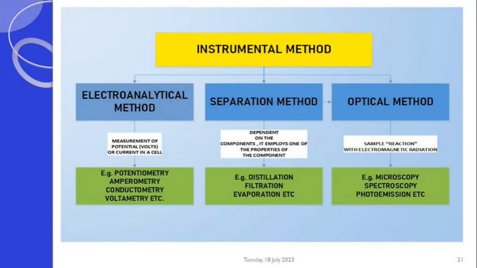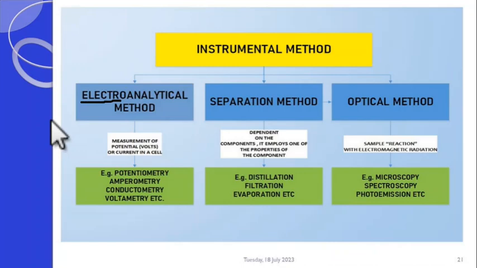Under electroanalytical method, there is measurement of volts or current in a cell. The keyword here is electro. Say it again, electro. Examples of such methods are potentiometry, conductometry, voltammetry.